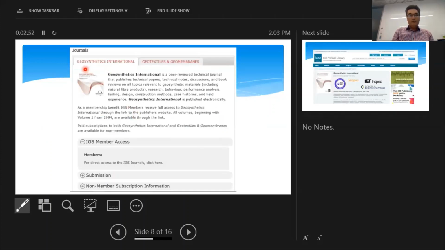Like I said, two journals that you can access for free using your IGS membership, Geosynthetics International and Geotextiles and Geomembranes, are the two tabs that you see here. You click on the tab that you want to access the papers, and then here is the IGS member access. It's got a link here that gives you direct access to IGS journals.